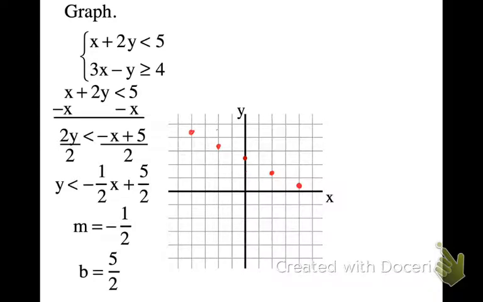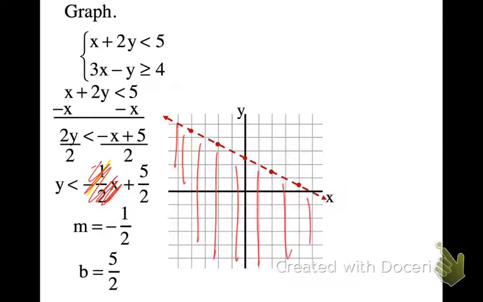Okay, and I am going to draw a line, and this one should be dashed. Okay, now which way do we shade? Well, if I set x equal to 0, we say y is less than 2.5, so it would be less than, would be underneath.